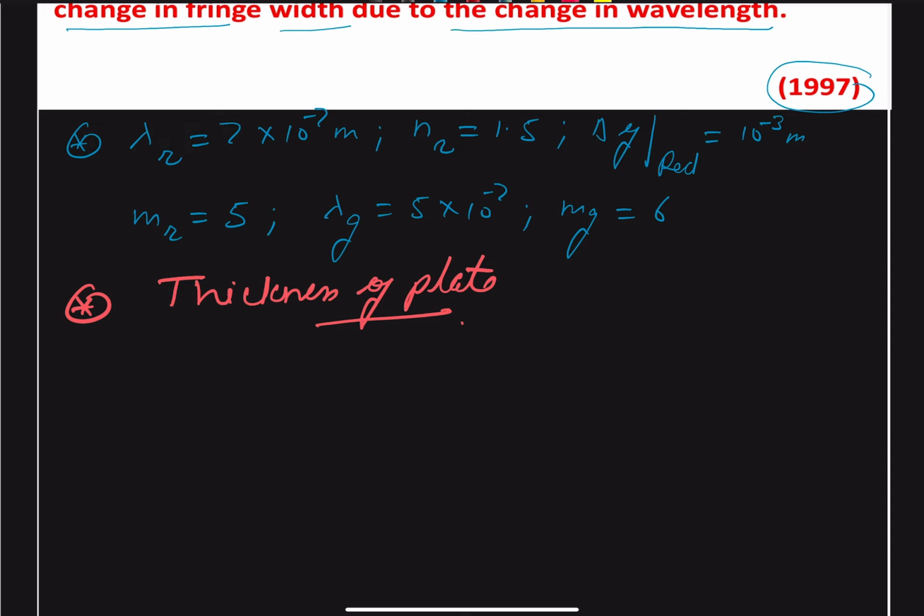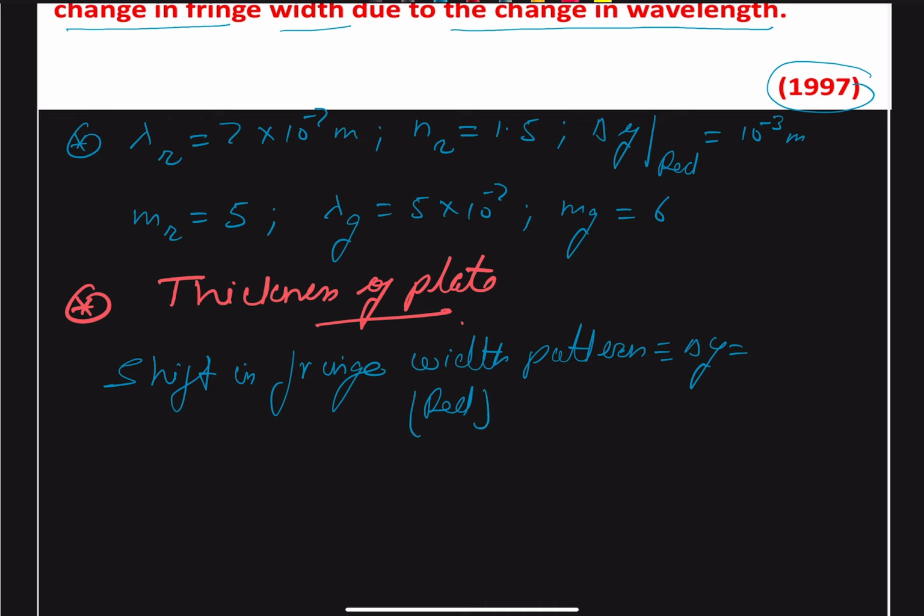So for thickness of plate, we are going to consider the shift in the fringe width pattern, that is given as delta Y, and this is for red.